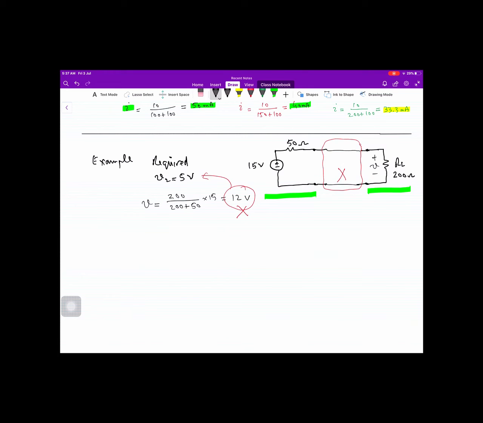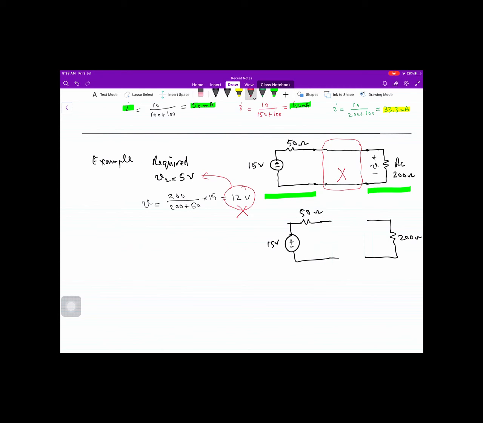Now again, the original circuit, and now we think of another choice of interface circuit.